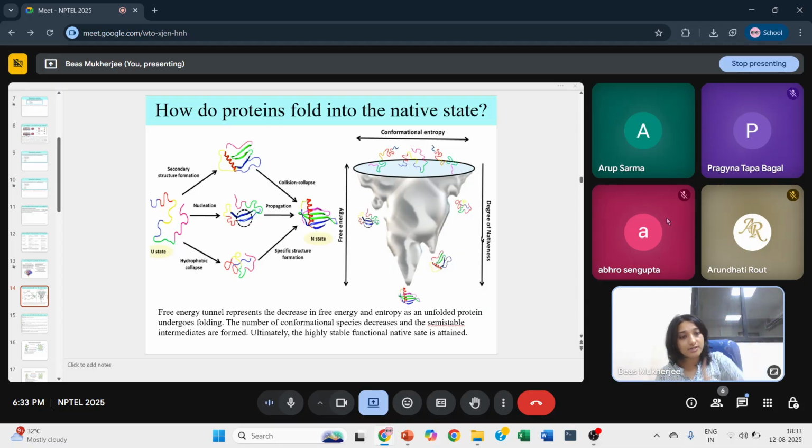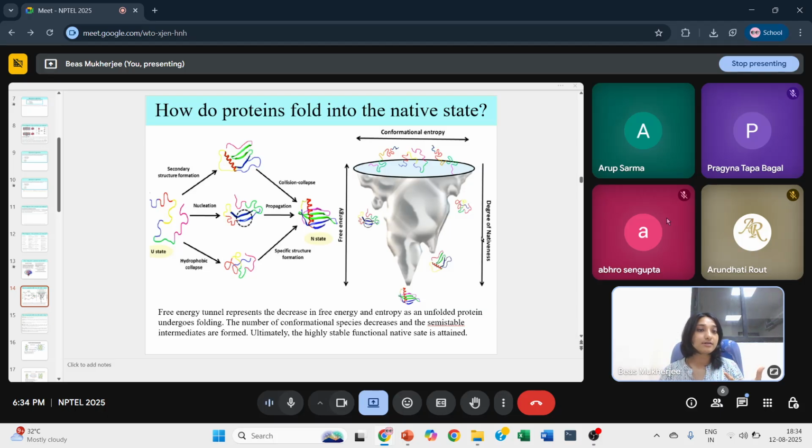As it comes to the native conformational state, the degree of nativeness increases, the free energy decreases, and the stability increases, right? So the free energy funnel represents the decrease in the free energy and entropy of the unfolded state.